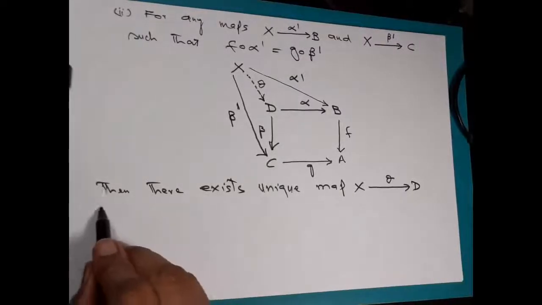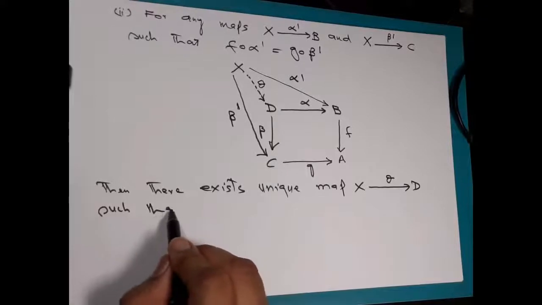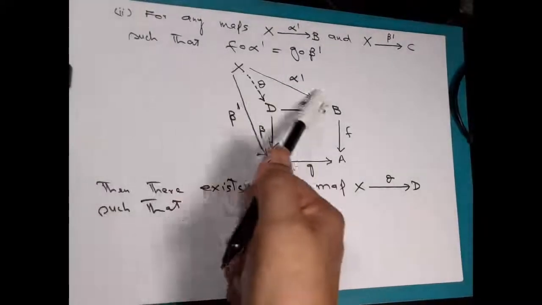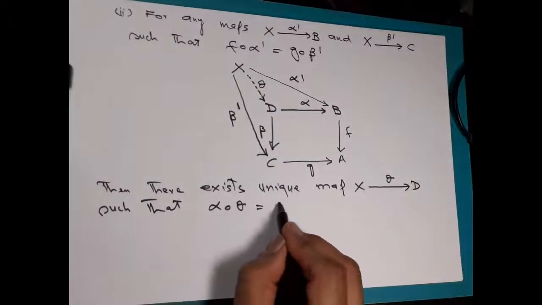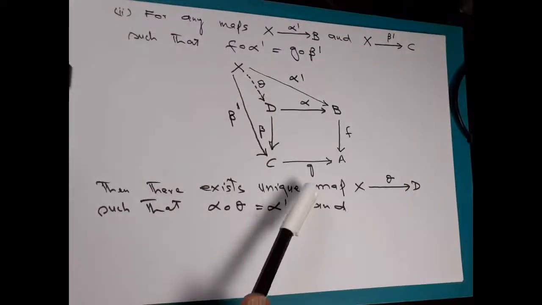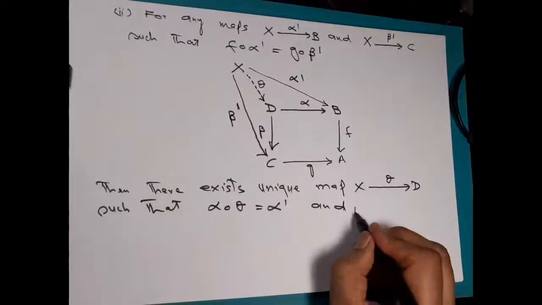Such that alpha composed with theta is equal to alpha dash, and beta composed with theta is equal to beta dash.